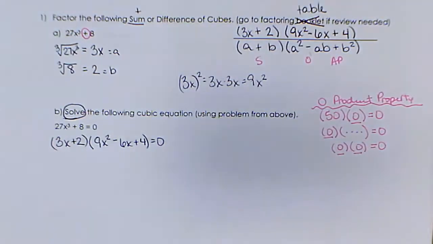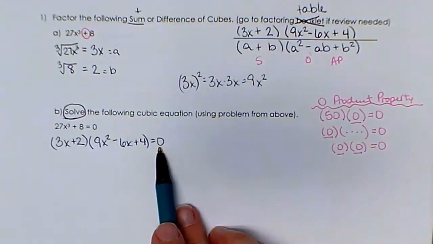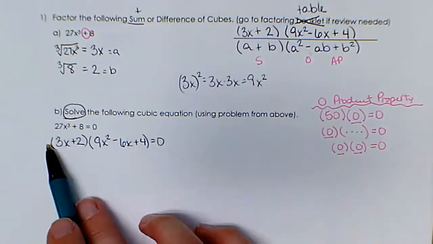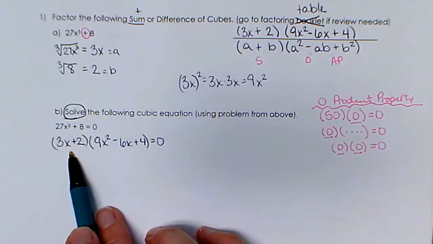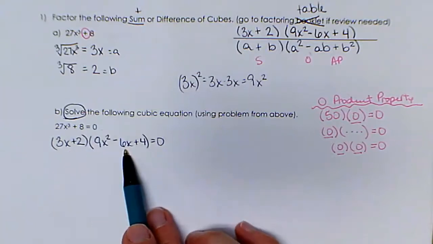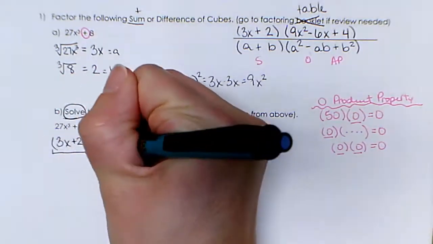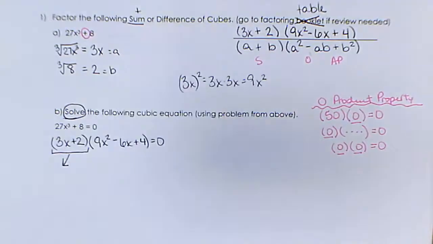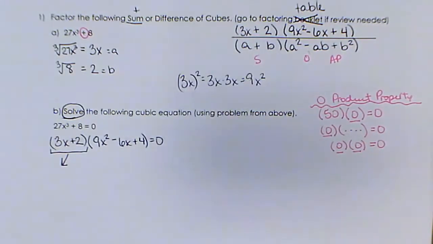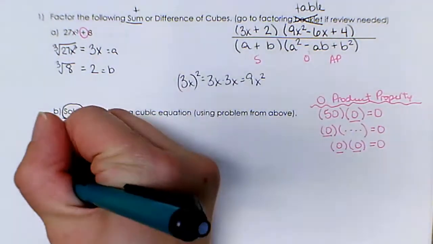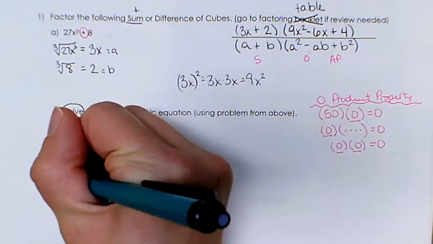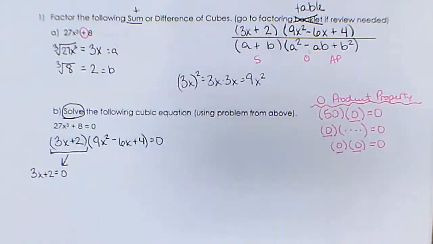So, in order to solve, I want to invoke the zero product property. Either this needs to be 0 or this needs to be 0 in order for the product to equal 0. So we're going to separate these two, and we're going to do it in two different chunks. So the first thing we need to check is, what does x have to be over here so that 3x plus 2 is 0?